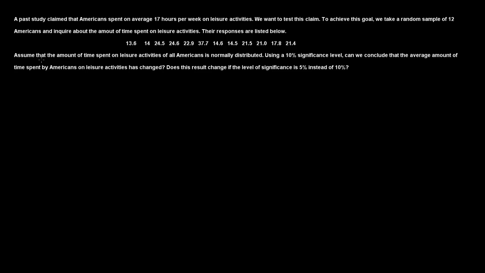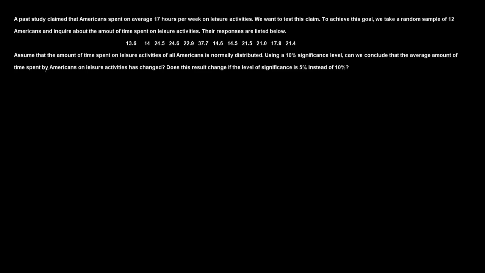Notice here we don't have a sample standard deviation, we don't have a sample mean, all we have is raw data. That's going to take a little bit of work to find those sample statistics. So let's dive in and figure this thing out.